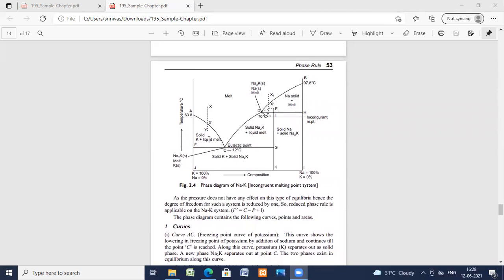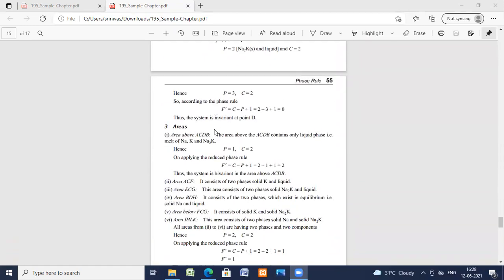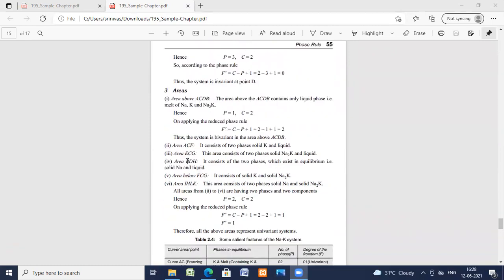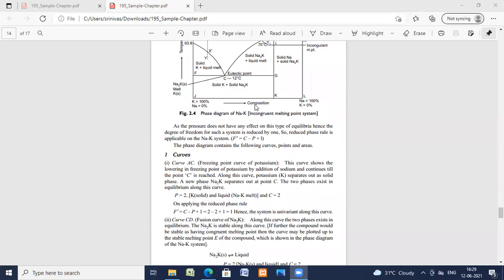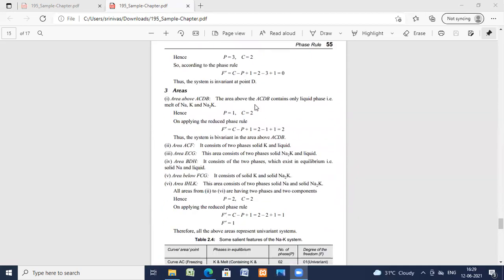Solid K and liquid in this area. And area ECG consists of two phases, solid Na2K and liquid melt. C is 2, P is 2 for ECG.